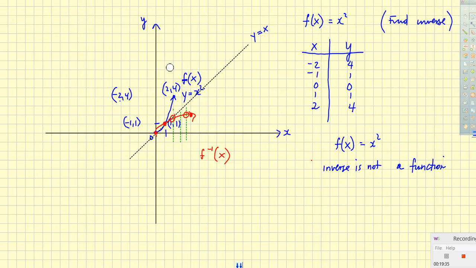So if I take away certain values from the x squared function, then my graph would be considered a function.